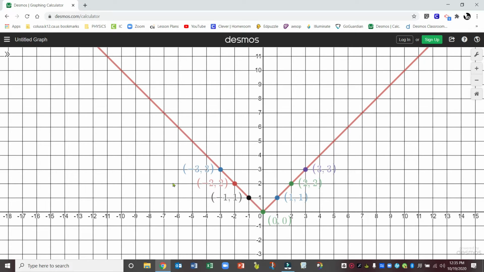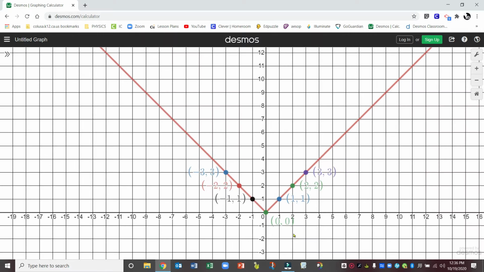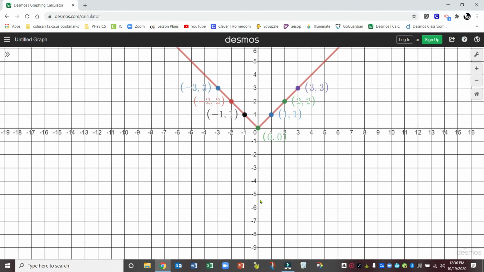Now, when we look at the range, we're looking at the y values. And here's 3, and here's 2, and here's 1, and here's 0, and here's 3, and 2, and 1, and 0. But it doesn't seem like we'll ever have a y value that goes below the x-axis, because there are no points on our red graph that are below the x-axis.